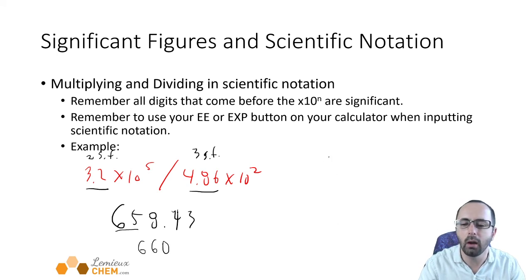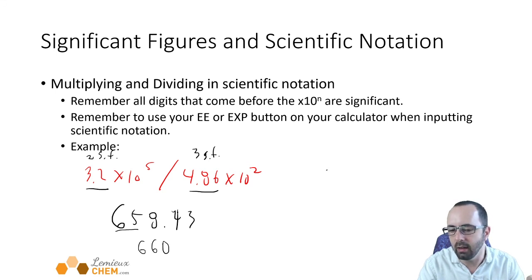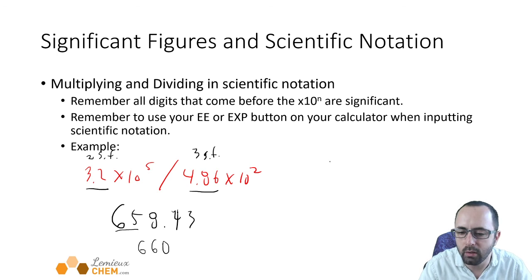Now let's do another example. When you're adding and subtracting, you probably don't want to just put it into your calculator. So here you'll want to probably convert it to standard notation.